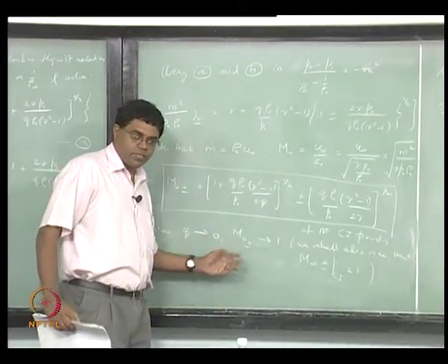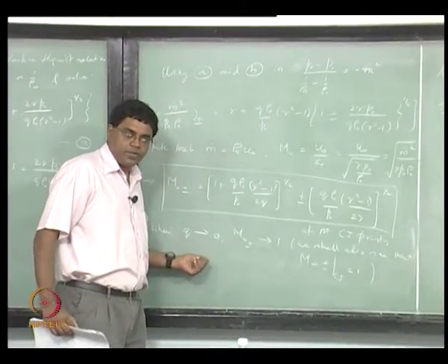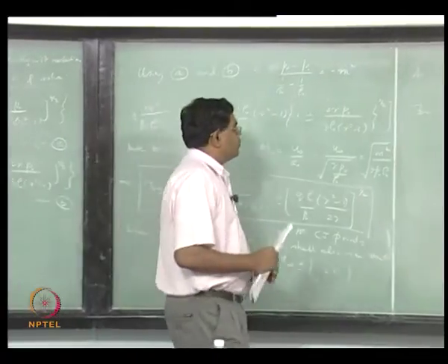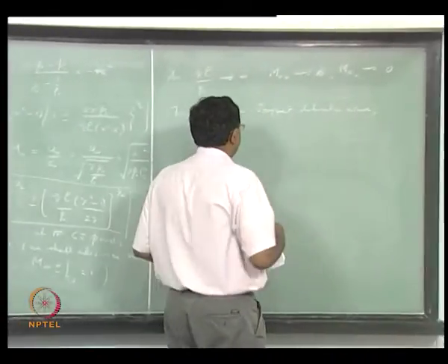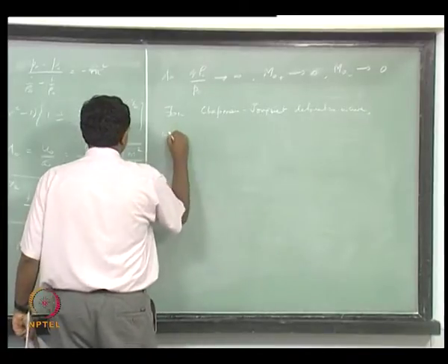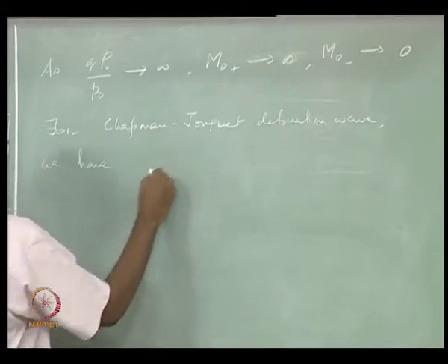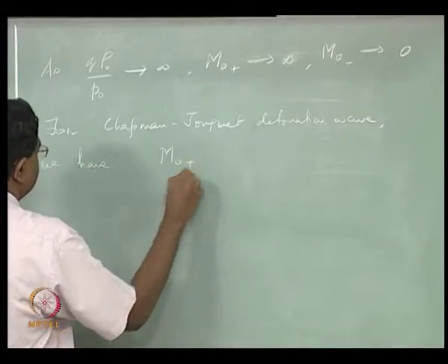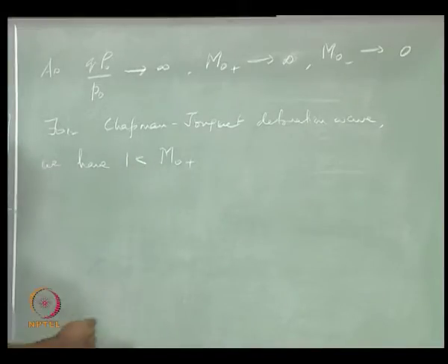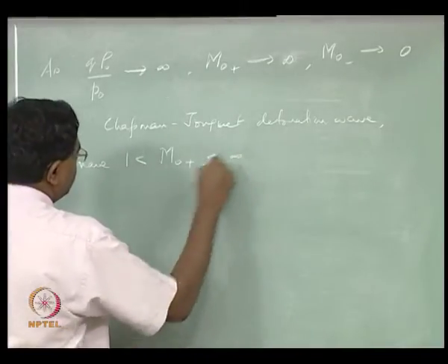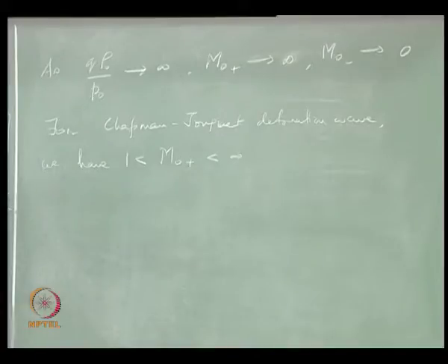That's a lower limit as far as the heat is concerned, right? So for the Chapman-Jouguet detonation wave we have m naught plus going from 1 to infinity, right?